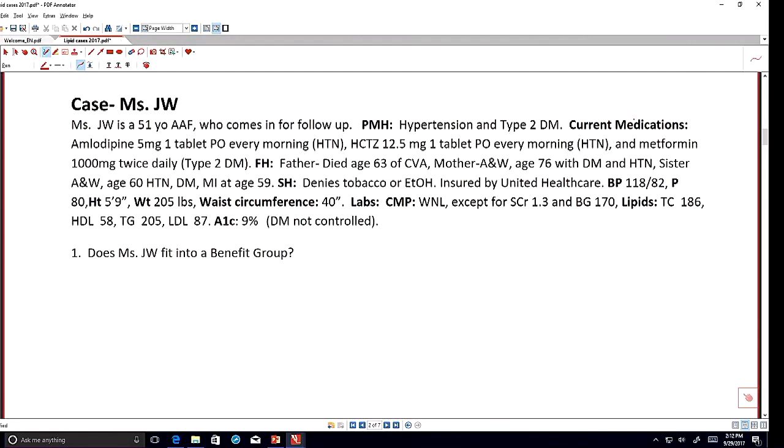So first question is always, every single time, be very disciplined. Because right now it's easy because we're just going through these cases. On the exam, you have to be really disciplined in how you think about this. So the first question is, does this patient have ASCVD? No. Does this patient have an LDL greater than or equal to 190? No. Does this patient have diabetes? Yes.